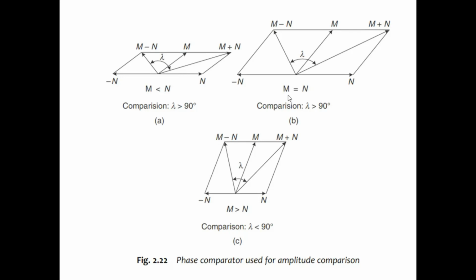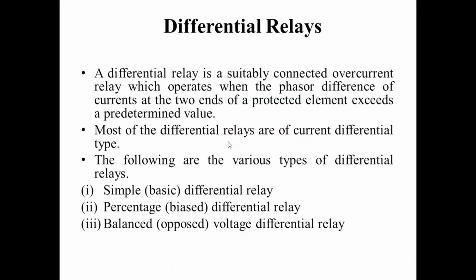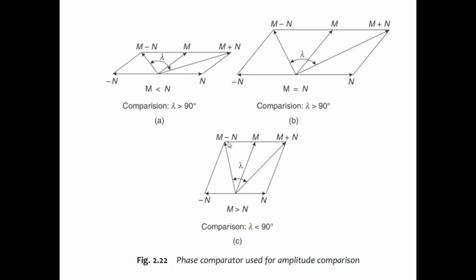At that time this type of relay operates according to the vector diagram representations and the combination of signals. This is how an amplitude comparator acts as a phase comparator, and a phase comparator acts as an amplitude comparator. It means the duality applications are done by using the block diagram and vector representation. Okay, so this is the main thing in comparators, that is, the static relay comparison technique. This is the whole static relay.